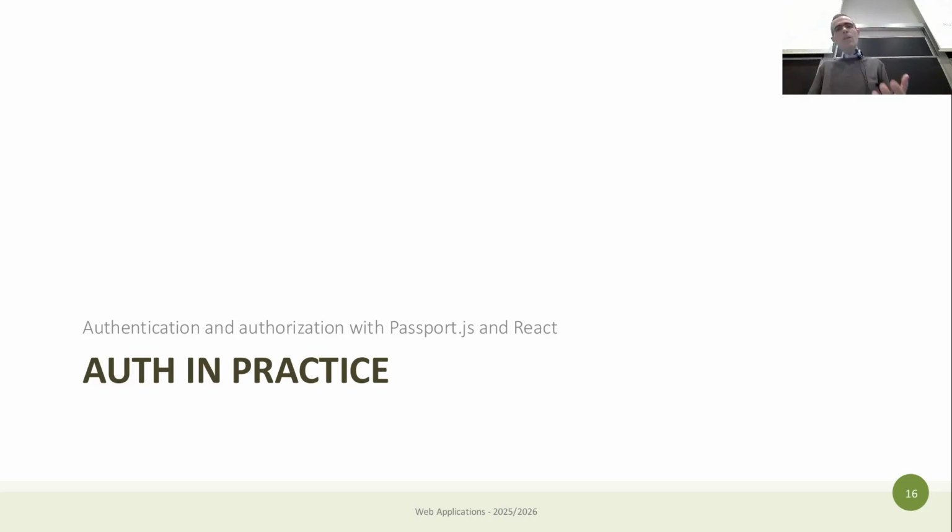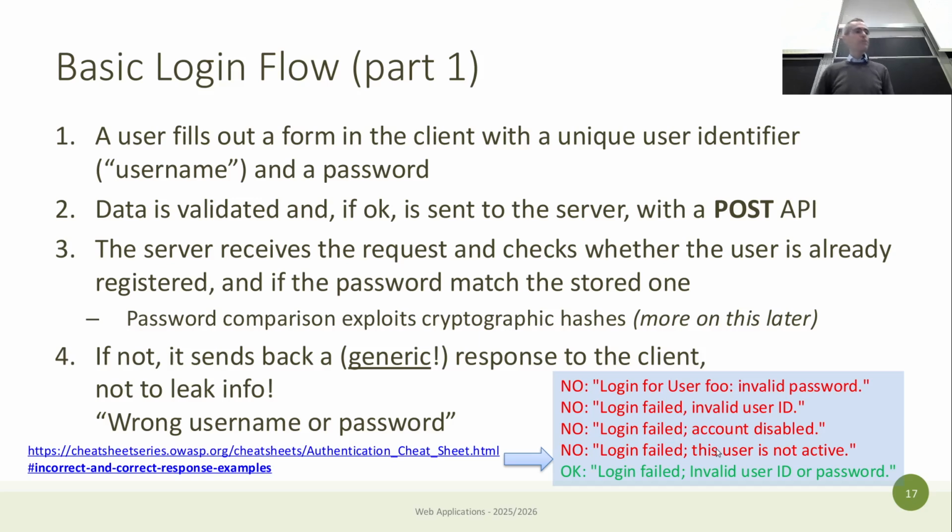The rest should already be ready. And we decided to use a library called Passport for the server. We're going to discuss a few more things before we see how to implement this with the code.